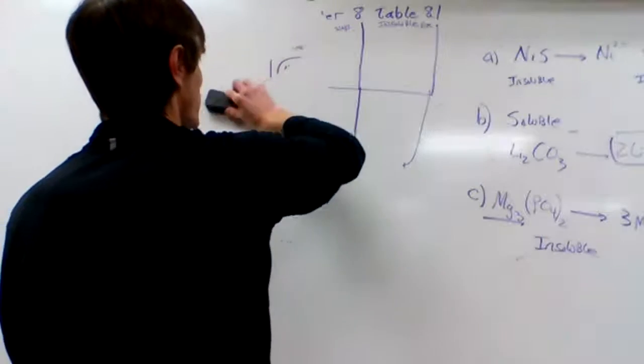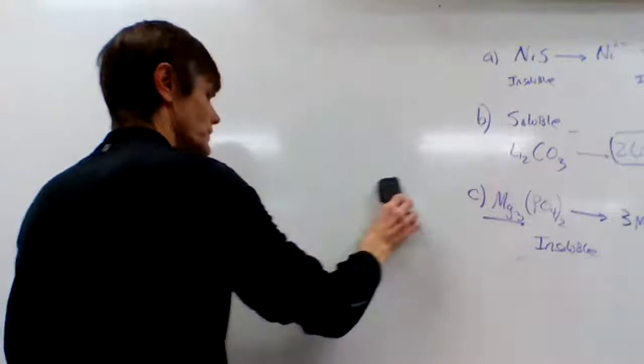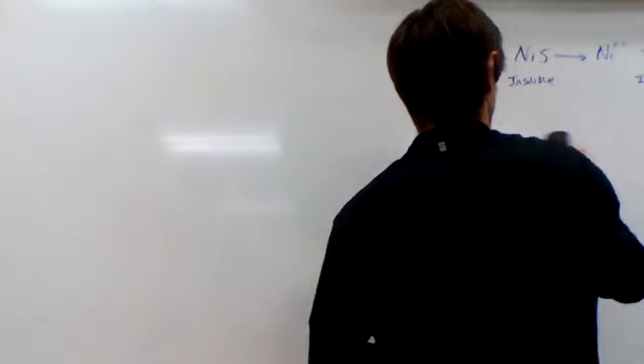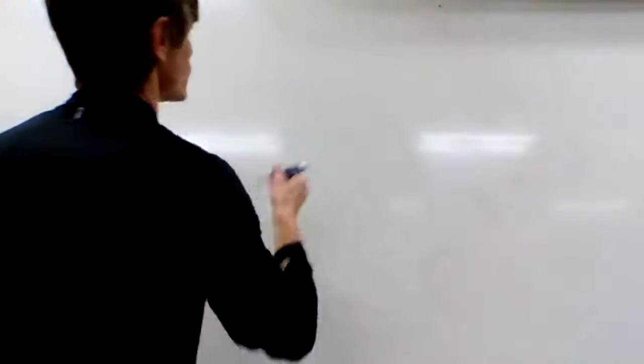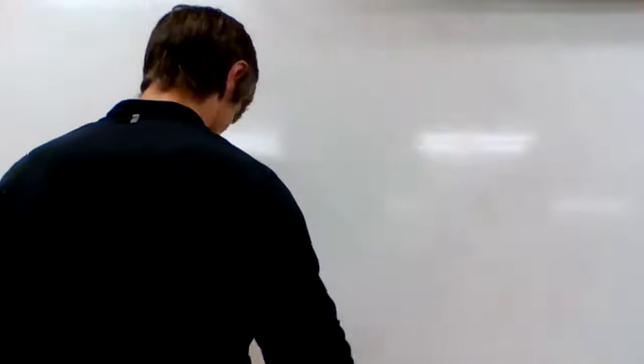Solubility rules are important, and we use them to make predictions about a precipitation occurring or not occurring. So chapter 8.5 involves precipitation reactions.